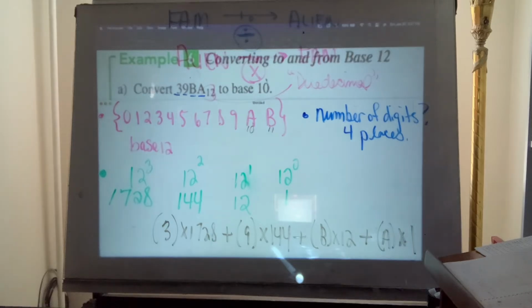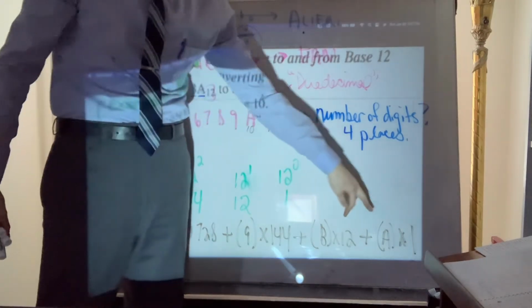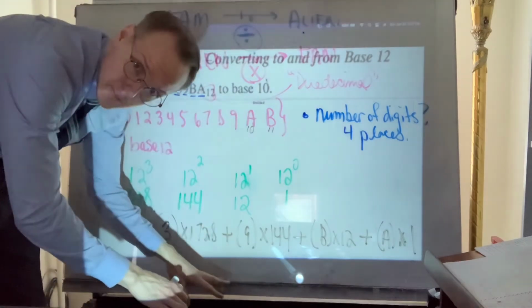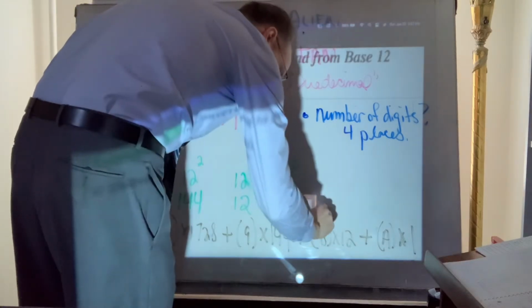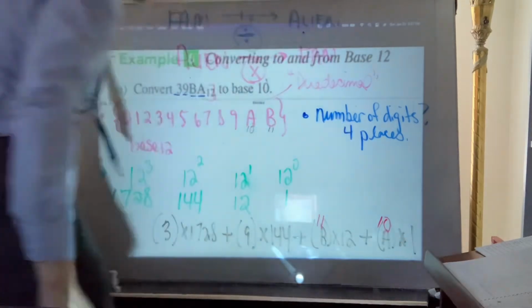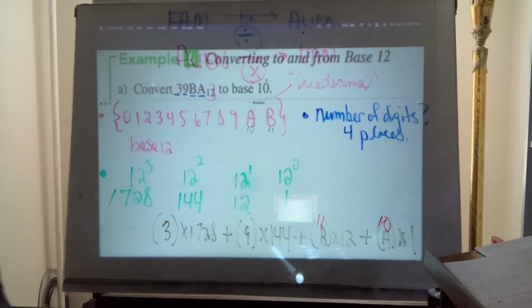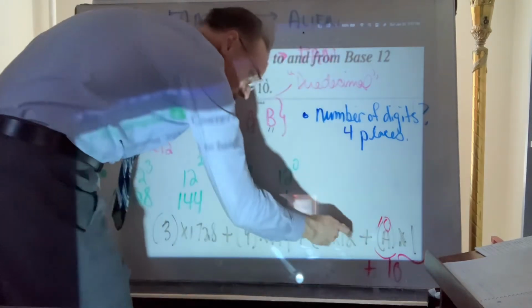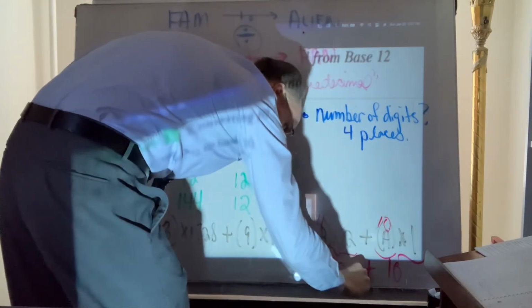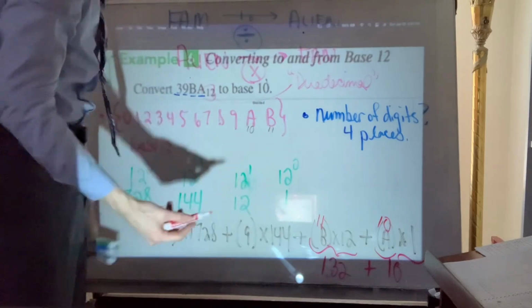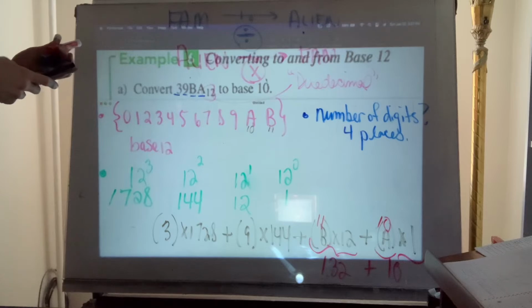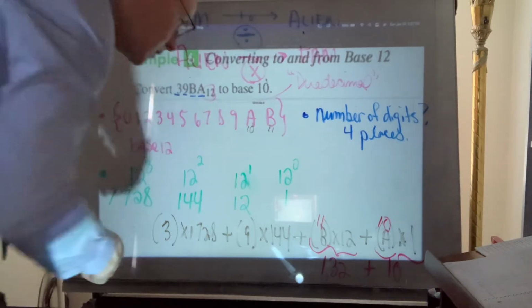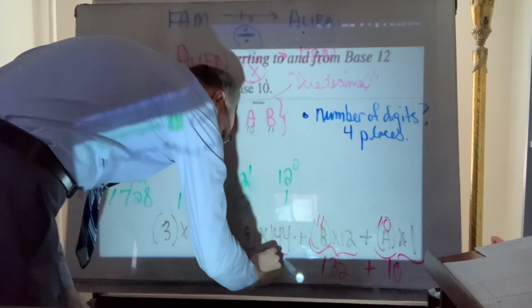Now because it's weird that we have letters showing up here, to do the actual arithmetic, what are we going to have to substitute for B and A? That's really going to be 11, and that's really going to be 10. So 10 times 1 is just 10 naturally. 11 times 12 is 132. And it's going to be 9 times 144, which is 1296.